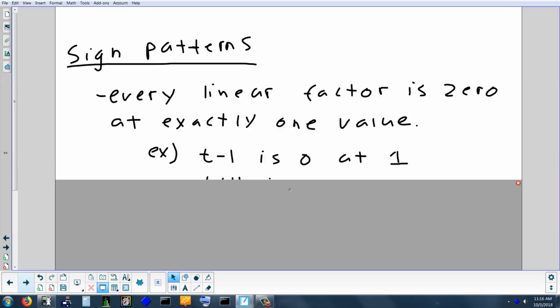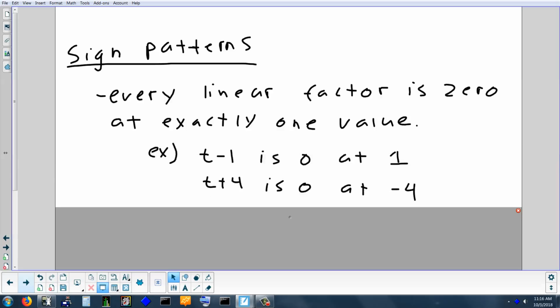So what do I mean by linear factors? A linear factor, usually you see these in parentheses when you're factoring, is anything where you have a letter plus or minus a number. There's no exponent on the letter. That makes it linear. x plus 7, 3x minus 8, 2x plus 6.